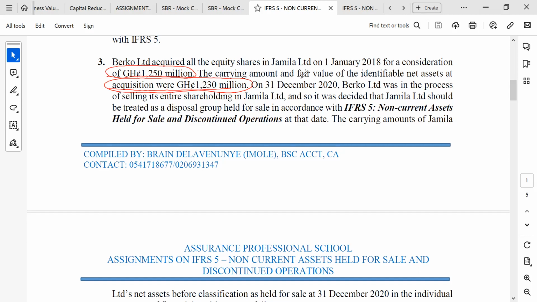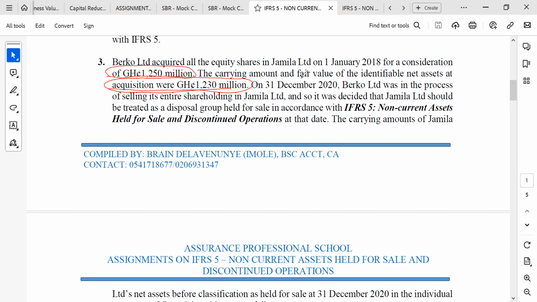So that 20 is technically called... it's not that they are intentionally paying the 20 million in excess. They are paying the 20 million for something that you and I can't see. Yes, goodwill.